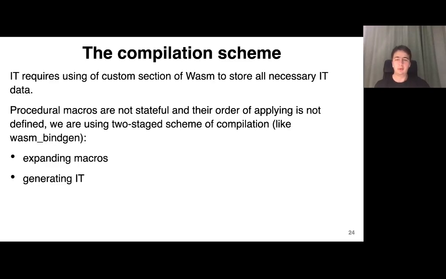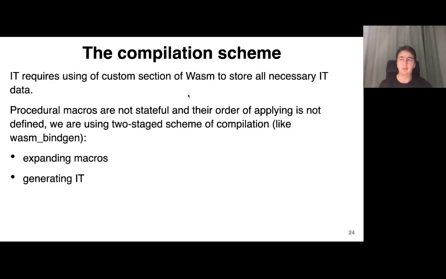For us this is a complex task now because procedural macros aren't stateful, and moreover, their order of application isn't defined. To produce a WebAssembly binary with a custom section, we use a two-stage scheme. The scheme is exactly like the Wasm engine uses.